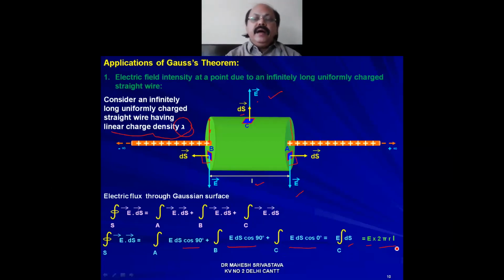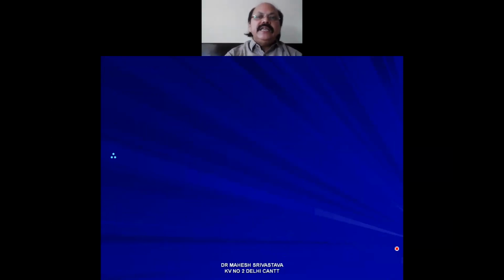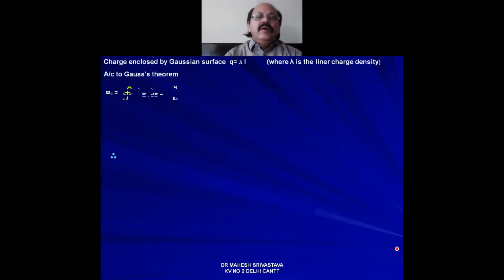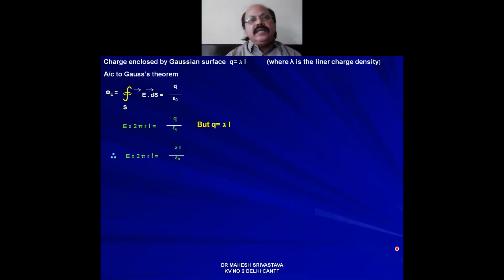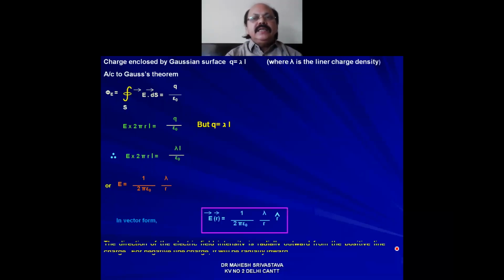The next step, I told you, is to find the charge enclosed by the Gaussian surface. So you know that lambda is the linear charge density. Therefore the charge enclosed by the Gaussian surface Q is equal to lambda L, where lambda is the linear charge density.